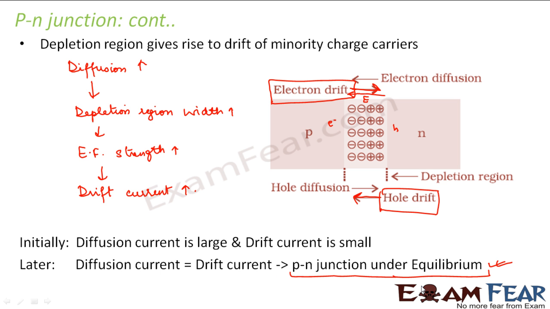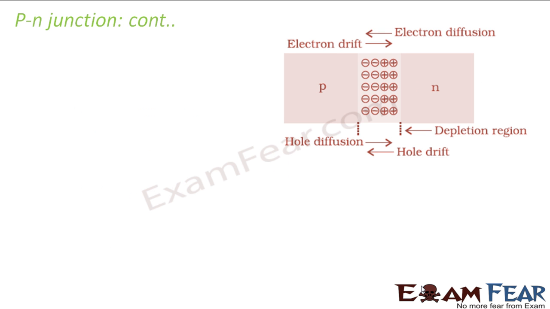When a p-n junction is at equilibrium, what happens? Now at equilibrium, the net current through the p-n junction will be equal to 0. That's because at equilibrium the electron diffusion current will be equal to the electron drift current.